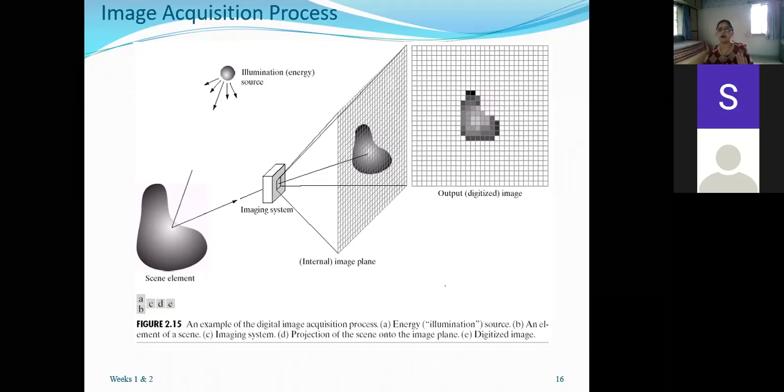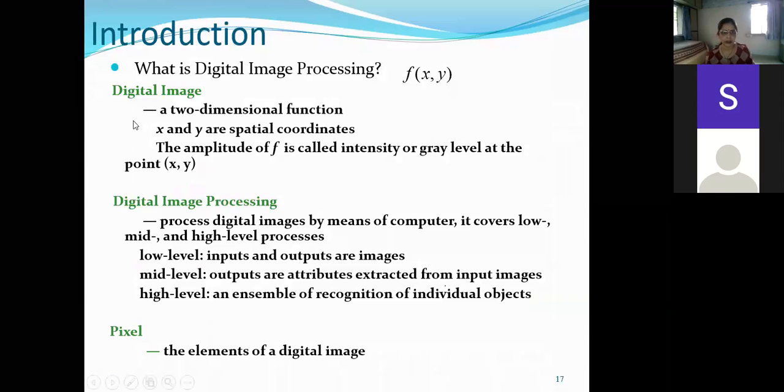We are going to deal only with 2D projections of real objects. Hope you are getting the difference between real object and 2D projections, and the scope of this particular subject. If you have any query, please type in the chat box.